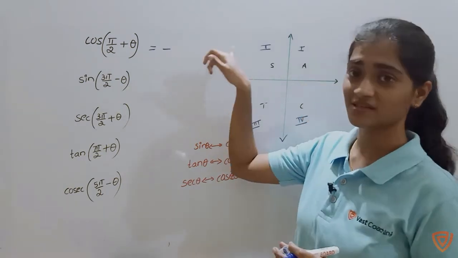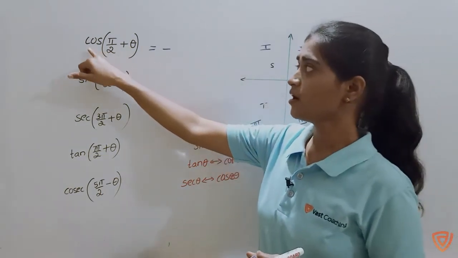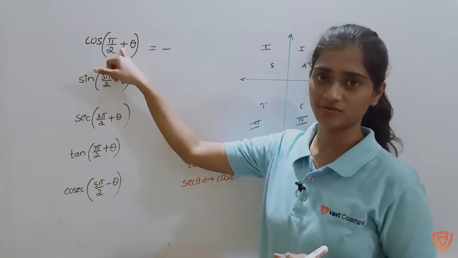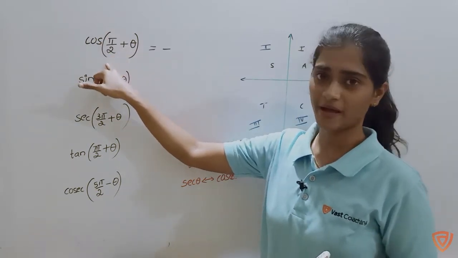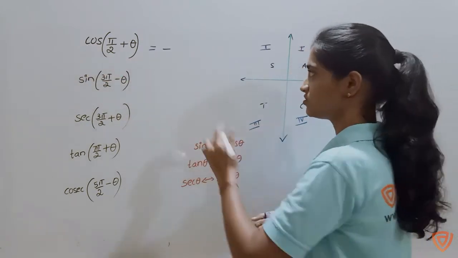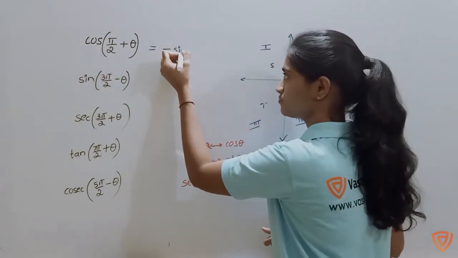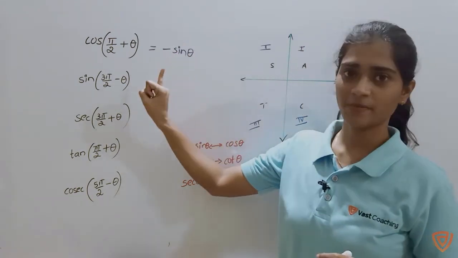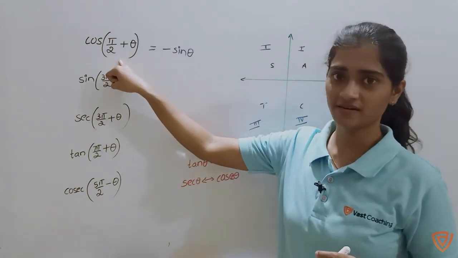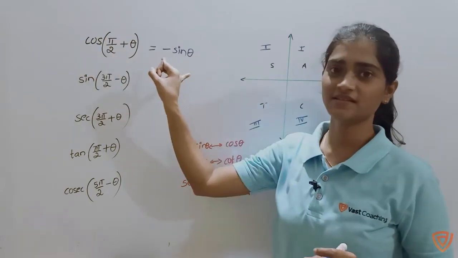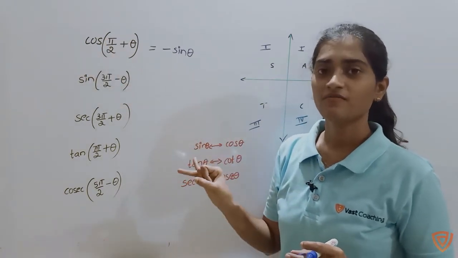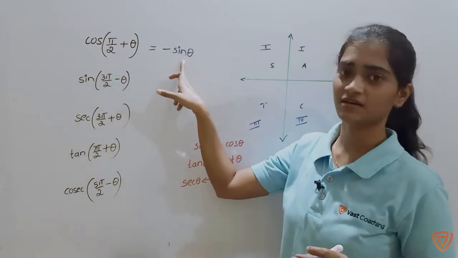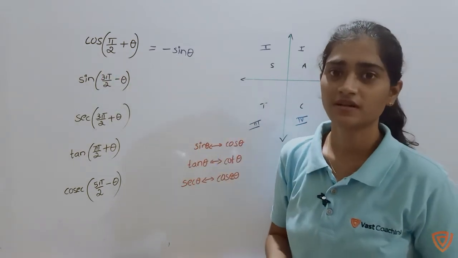Cos is negative in the second quadrant, and it's an odd multiple of pi by 2, 1 into pi by 2, so cos changes to sine theta. So step number 1 is you check the quadrant, the second step is you write its complementary whenever it's an odd multiple of pi by 2, and the third is you attach the respective sign.